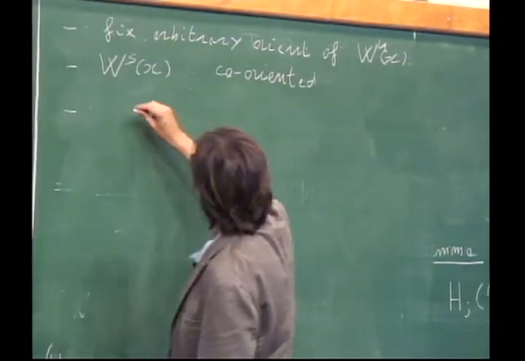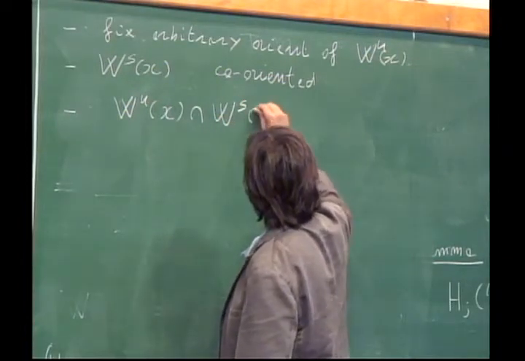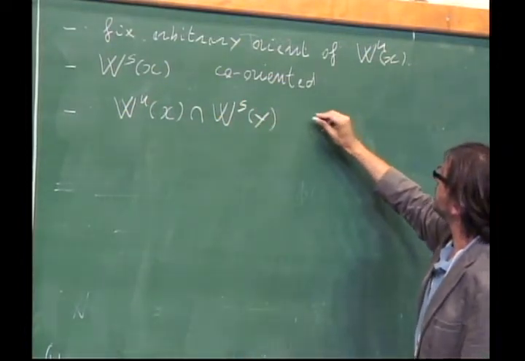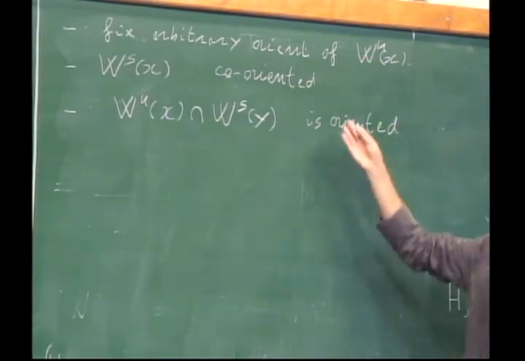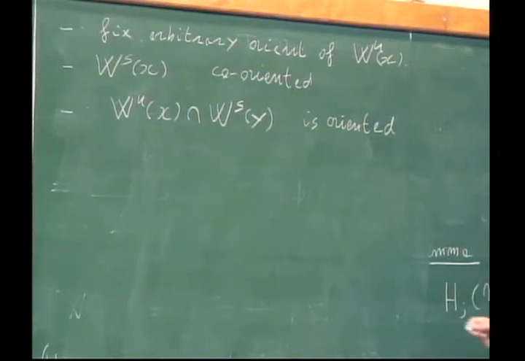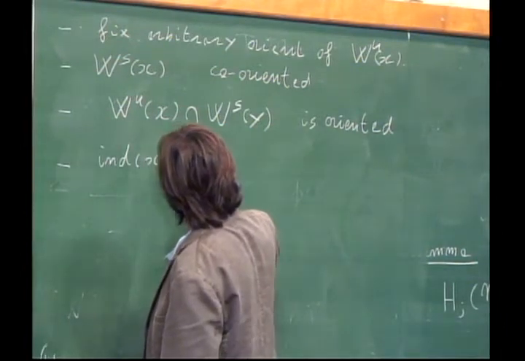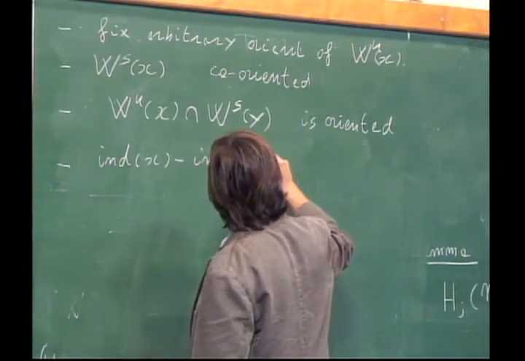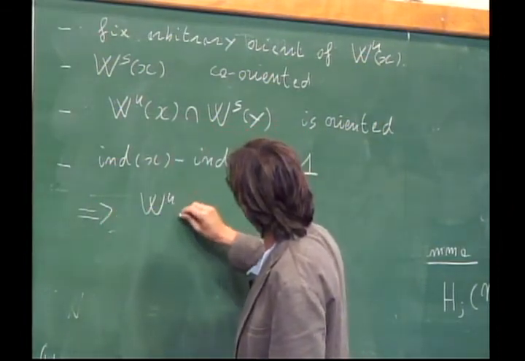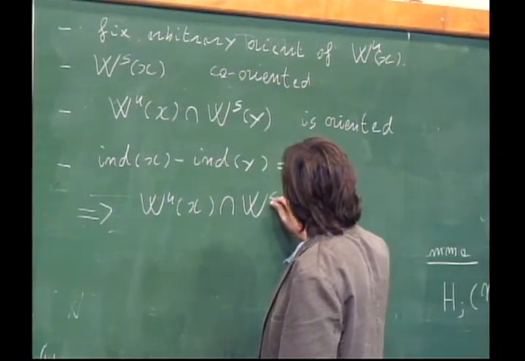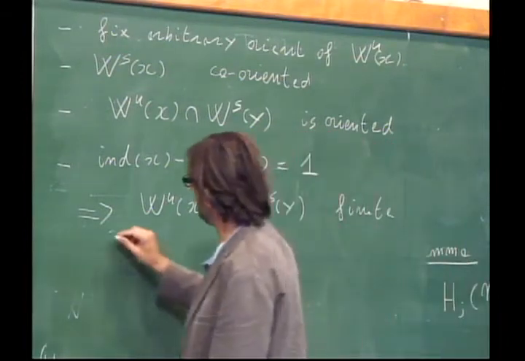And then when you have an oriented manifold and a co-oriented one, and you intersect them, you get that the intersection is oriented. It's a manifold because of Morse-Smale, but it's also oriented. And then you obtain that in the particular case when the difference of Morse indices is 1, this intersection is a finite union of lines.